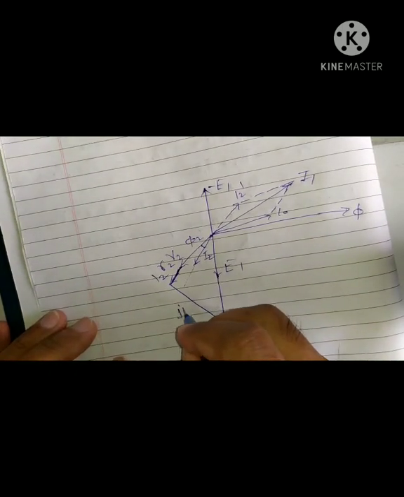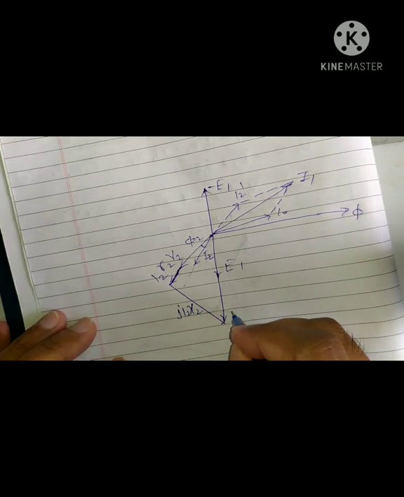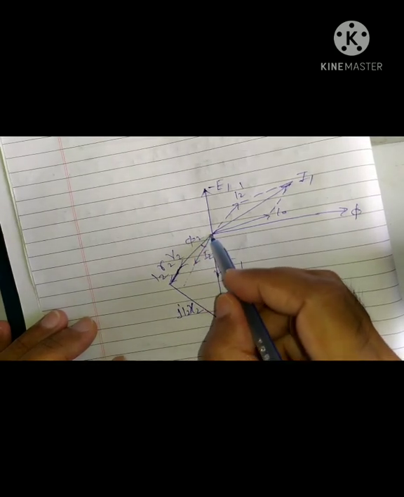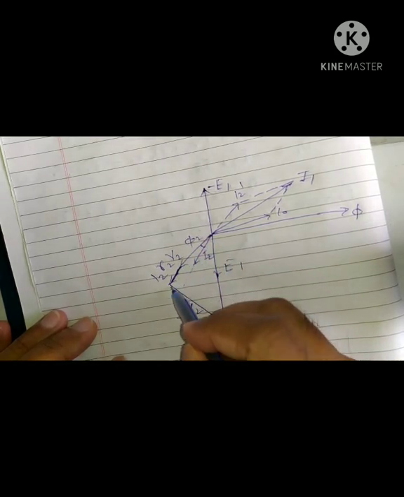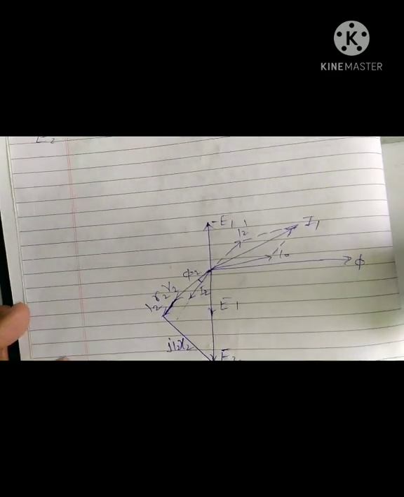This is J I2X2, and this is E2. E2 is V2 plus I2R2 plus J I2X2. So the secondary side phasor is completed. Now the primary side, that is V1.